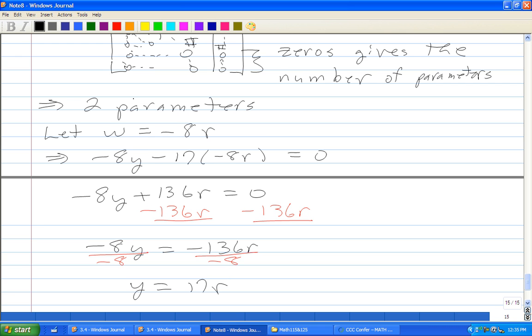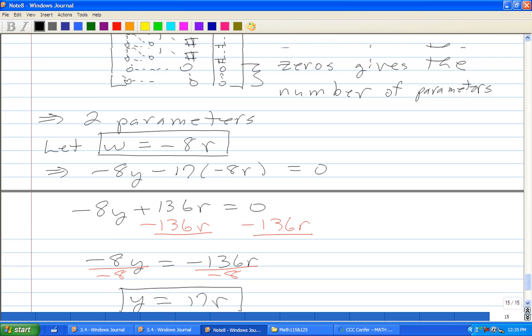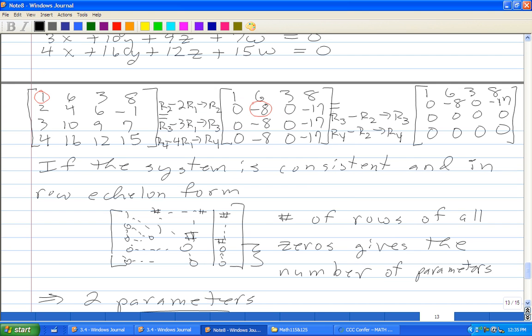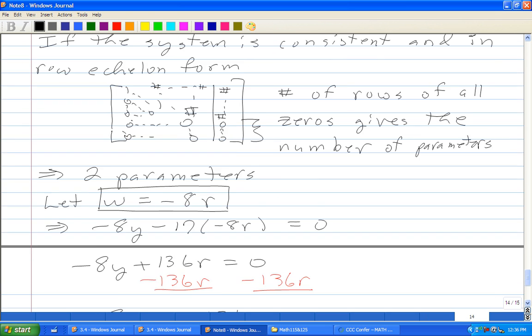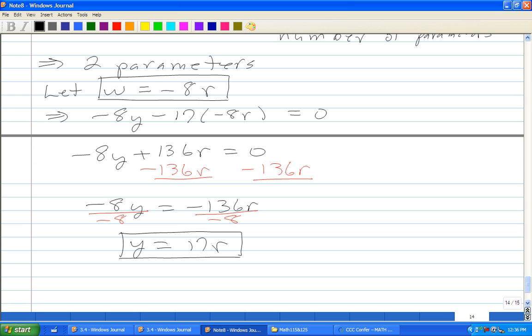Good. So notice I've got w and y in terms of r. So now I want to plug that into the first equation. And maybe I'll let z be something. I'll let z equal s.